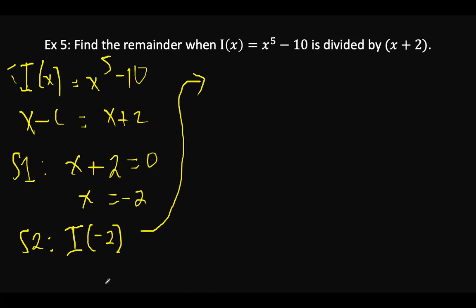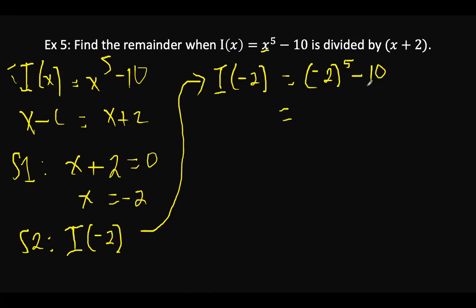And let's substitute na natin si negative 2 sa lahat ng x's ni I of x. So magiging siyang I of negative 2 is equal to, substitute natin sa x, negative 2 raised to 5 minus 10. Since isa lang naman ang variable na x sa I of x, therefore, once lang natin isa-substitute si negative 2.